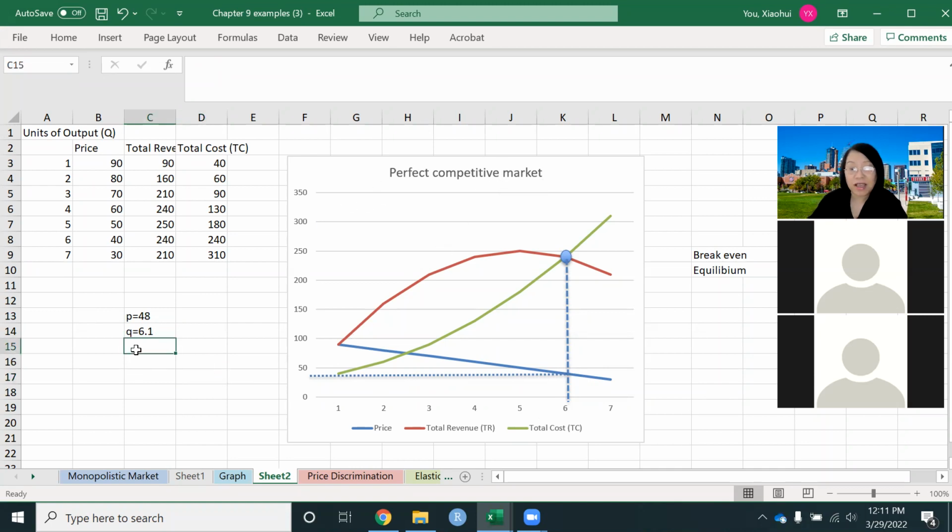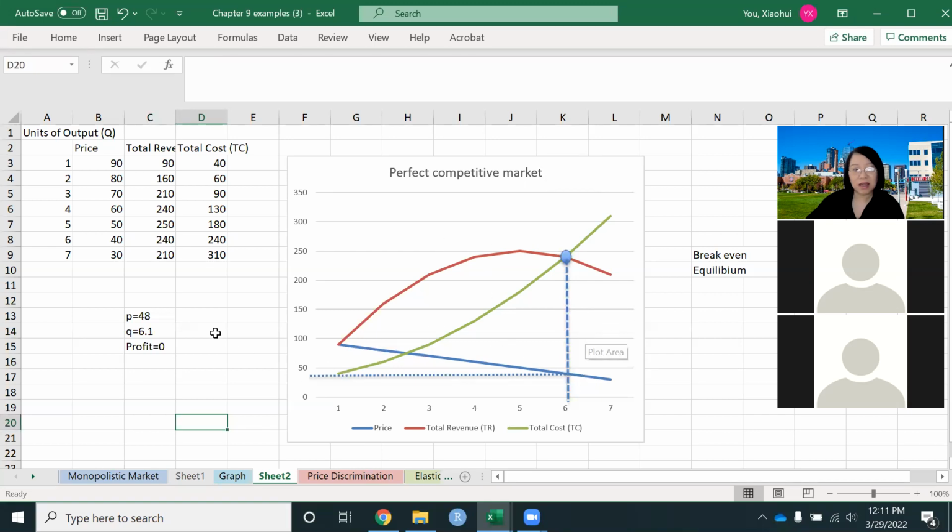A profit, we forgot profit. How much for the profit? Since that's break even, profit is equal to 0. So this is for the perfect competitive market.